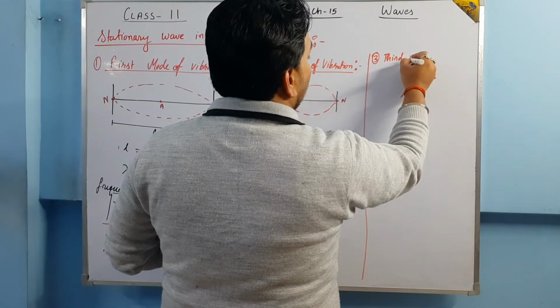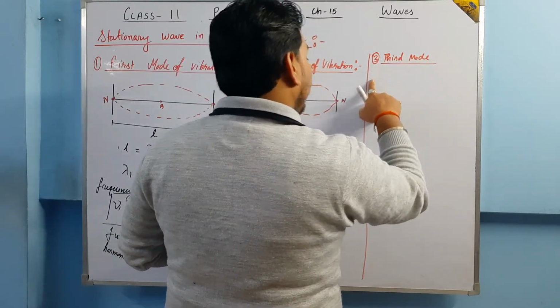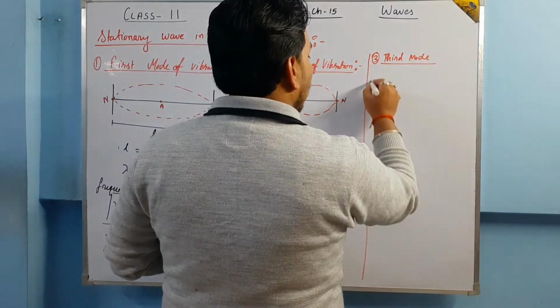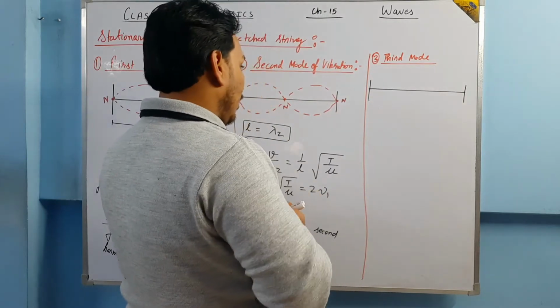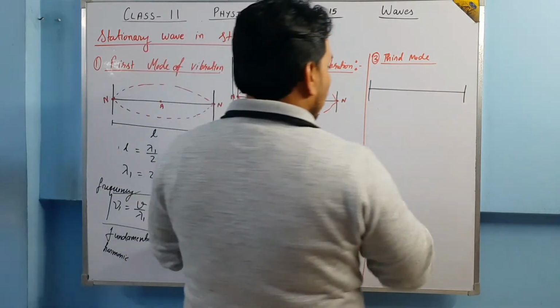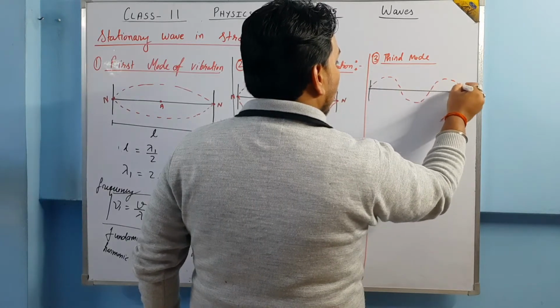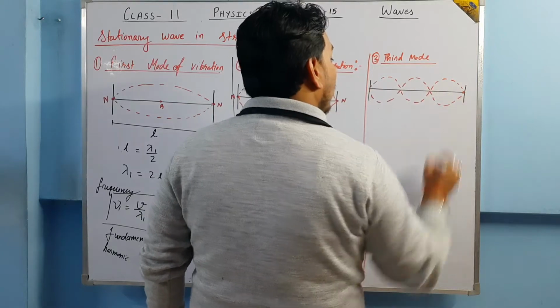Now let us move to the third mode of vibration, and then after we will generalize it. Third mode. In the third mode, what will happen? How are the vibrations being produced? So let's say the length of the string is L only. Now again one node will be increased. So this time it is going to be something like this way. This is the third mode of vibration.